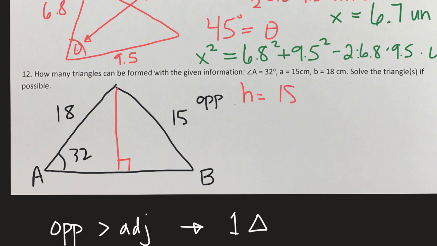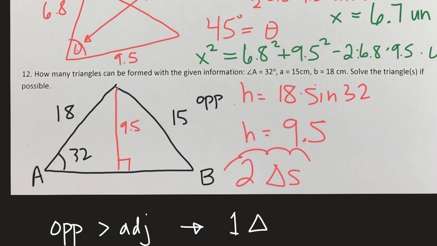And the height is 18 times the sine of 32. 18 times sine of 32 is 9.5. 9.5 is a lot less than 15, which means we have two triangles that we need to solve.